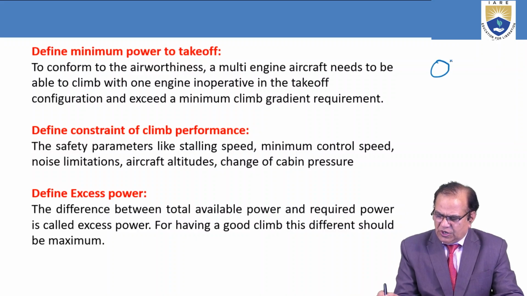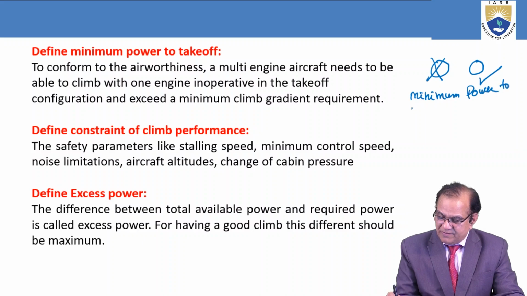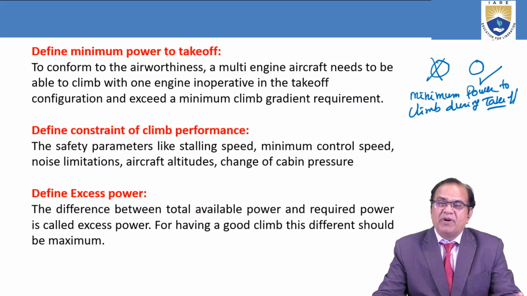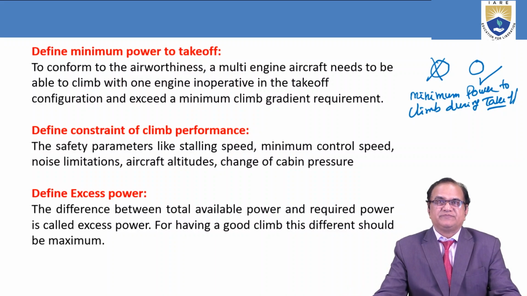Suppose we have two engines in an aircraft and one engine has failed, then the one remaining engine should be able to provide the minimum power to climb during takeoff. So that is called the minimum power. The engine should be able to operate within one engine. Your aircraft should be able to fly. It should be able to take off from the ground.